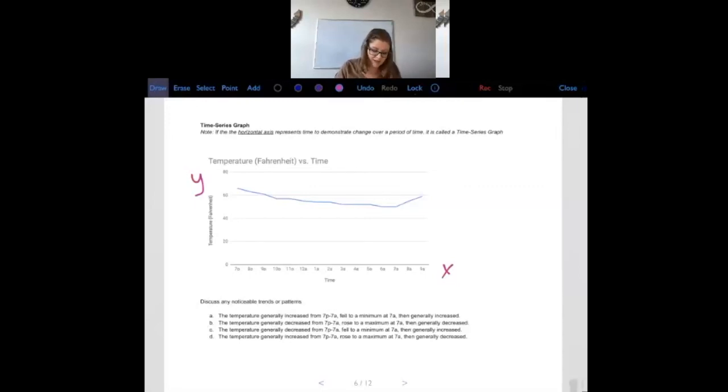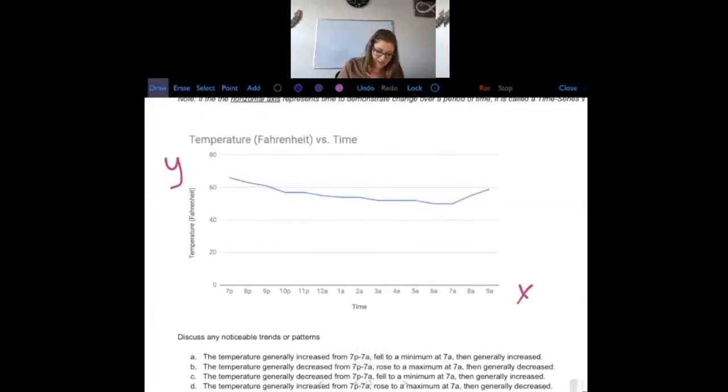Okay, so looking at this graph, we have the temperature decreases. If the graph is going down, it's decreasing. If it's going up, it's increasing. The graph is going down, levels out, goes down, levels out, goes down, levels out, goes down, and then starts to go back up. So this point where it goes down and then goes back up, or a low point, is a minimum, and a high point is a maximum.